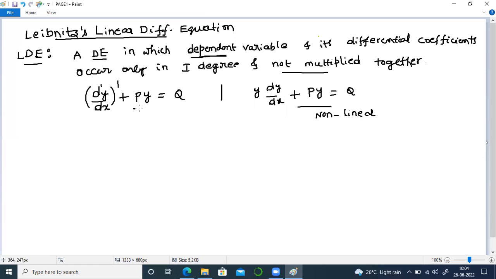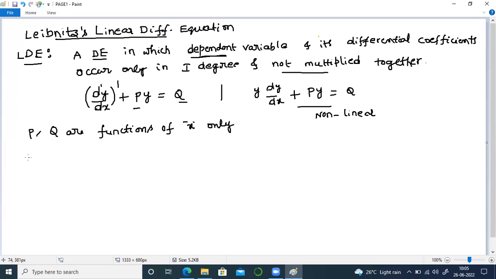You may ask what p comma q are here. In this, p comma q are functions of x. Any function, it may be exponential, logarithmic, simple, sinusoidal, hyperbolic, whatever it is. P comma q are functions of x only.